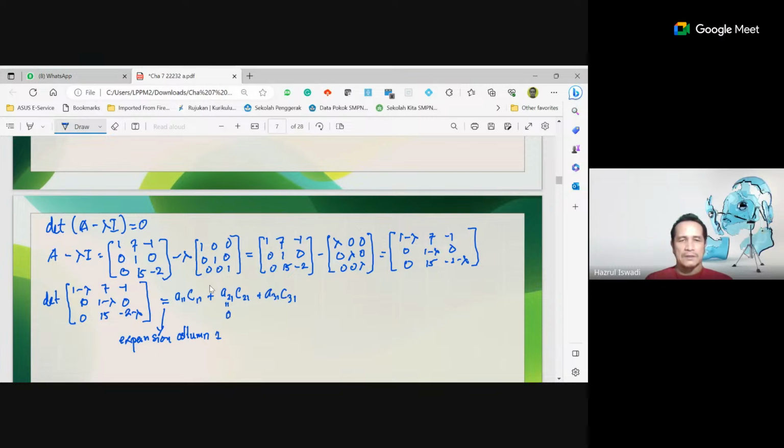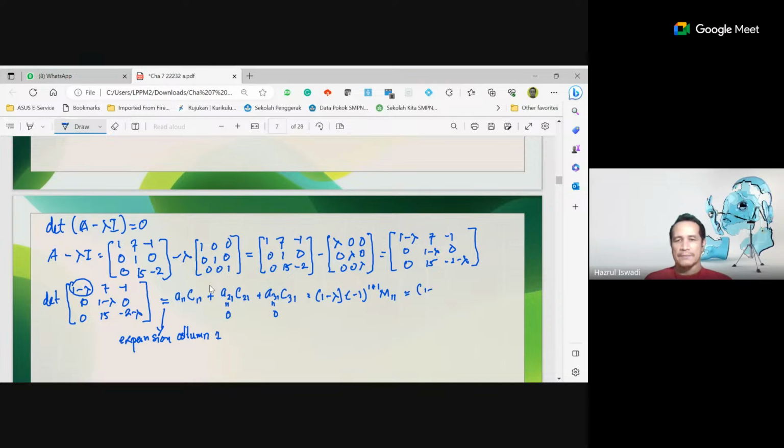Because the other elements in the first column are 0, we only have A11 C11. A11 is 1 minus lambda. Then C11 is minus 1 to the power of 1 plus 1, multiplied by M11, and this is positive.